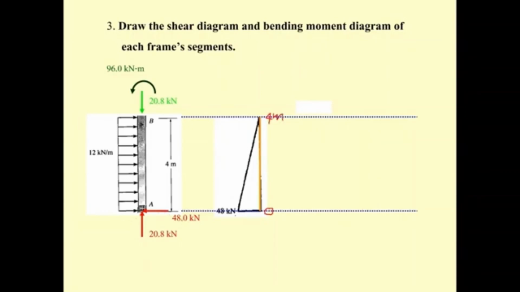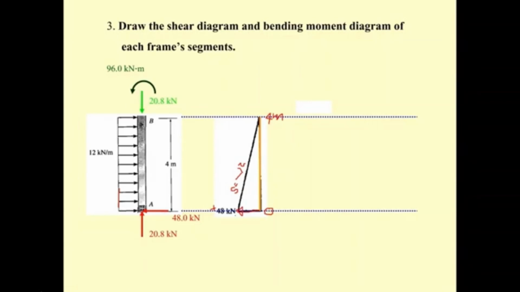When you move to this, you get the horizontal force. So this one is going to be positive 48, and then you come over here, the slope dV/dx is going to be minus 12.